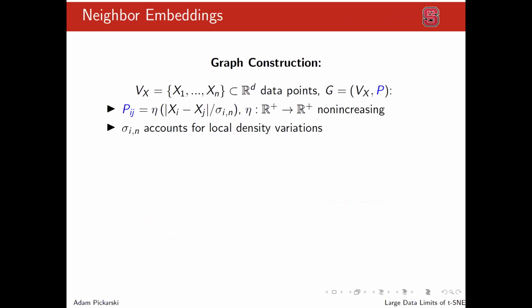So to get back to this emphasis on local structure, the direction that the field moved in was they started doing these neighbor embeddings. And what a neighbor embedding can really boil down to is a two-phase algorithm. The first phase is the graph construction. Typically this is done with a KNN, but the point is that they have some kernel.